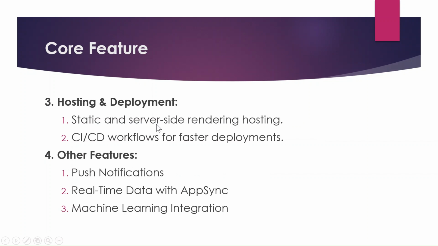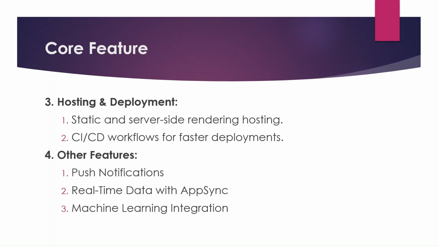Hosting and deployment. In hosting and deployment, static and server-side rendering hosting. So AWS Amplify provides hosting services for your website or application, whether it's a simple static site like HTML, CSS, or JavaScript, or a more dynamic app like server-rendered.